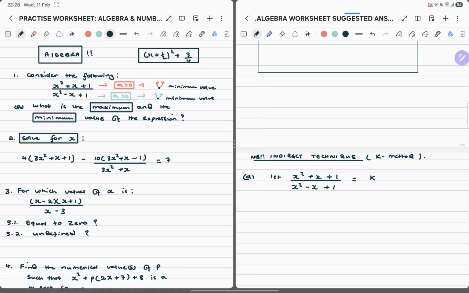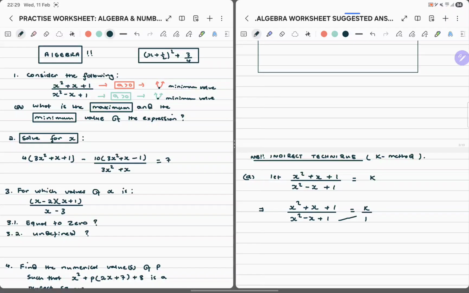All right. Now, folks, what does this imply? This implies that we've got x squared plus x plus 1 all divided by x squared minus x plus 1 equal to k over 1. Remember, these are fractions.